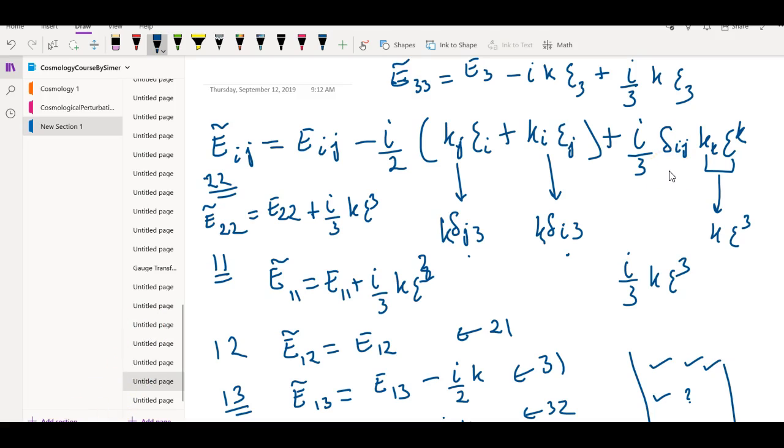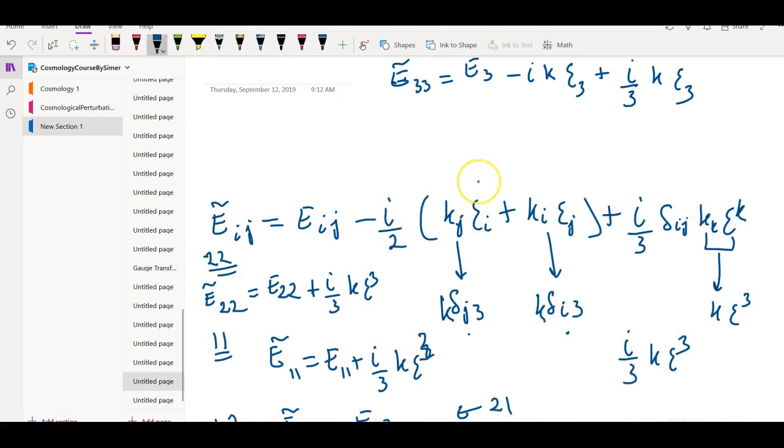And this is delta 3 3. So this gives 2 i k psi 3 by 3.